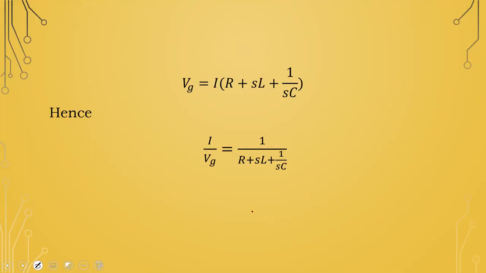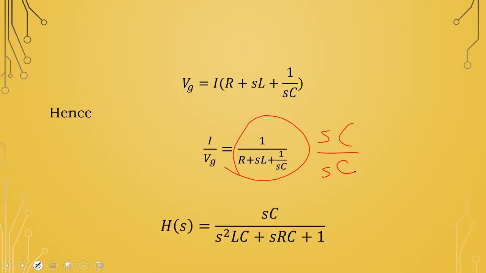And I can simplify this expression by multiplying what we have over here by 1, but I'm going to write 1 as SC over SC. All right? So I wouldn't have changed anything. If I do that, then I get that expression.